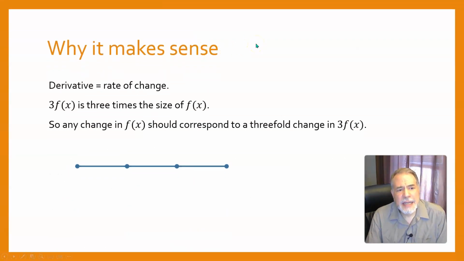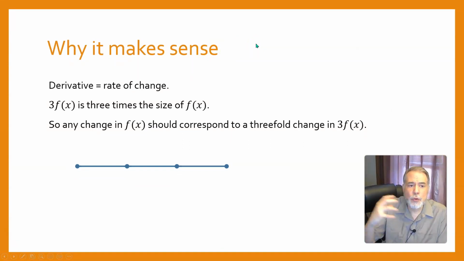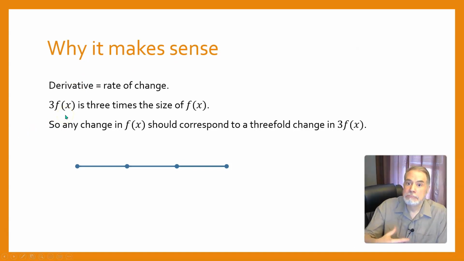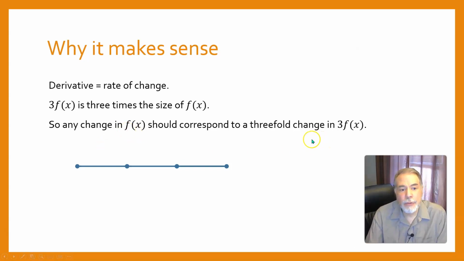Why does this make sense? Well, again, if you think of derivatives as rates of change, and you take a function and multiply it by a constant, for example 3 times f of x would be 3 times the size of f of x itself. So any change in the original function f of x should correspond to a threefold change in 3f of x.